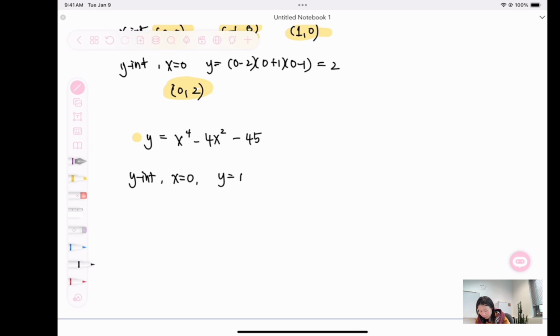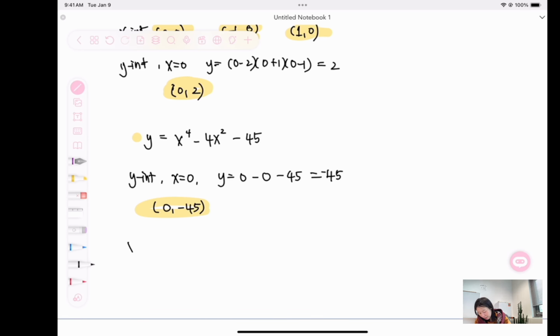So we have y equals 0 minus 0 minus 45, so it's equal to -45. That means our y-intercept is (0, -45). Again, it's a point, so I need you to write it in point form.